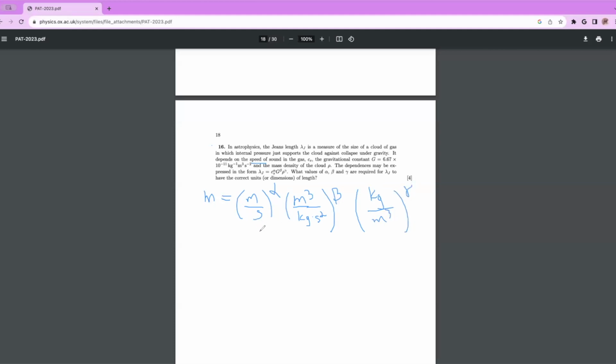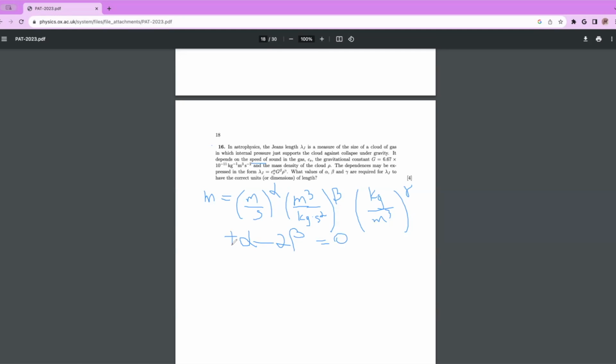Okay, so if we notice something, we'll see that there are units of kilograms and seconds, which don't show up in the final answer. So we can work more efficiently to cancel those out. Here we have seconds inverse to the alpha, which basically means negative alpha because it's to the power of -1. You have seconds inverse squared to the beta, which means -2 beta. And that's the only seconds term, and that has to be equal to 0.